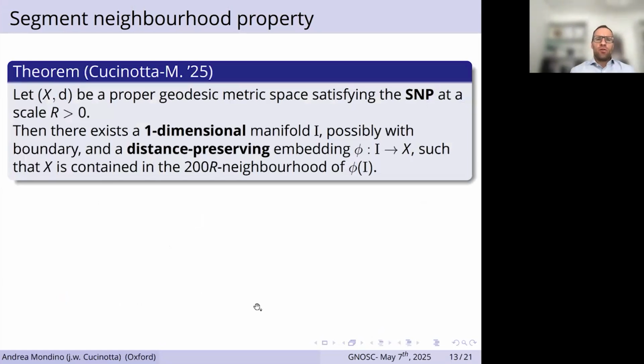So with Cucinotta, what we prove is that this metric property, the segment neighborhood property, implies the final part of the statement.